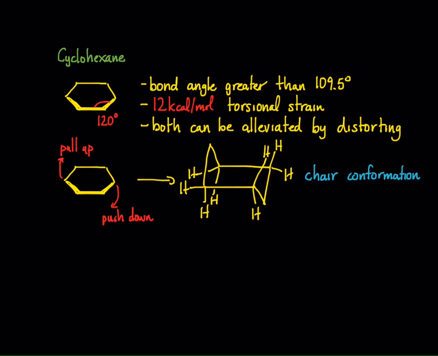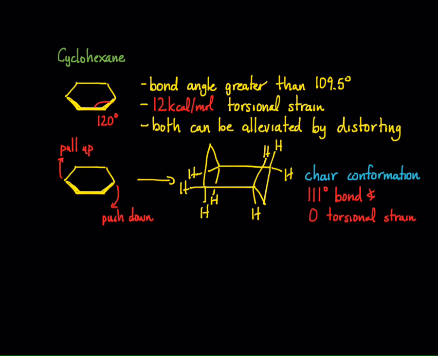Now, interestingly enough, if you think about the Newman projection of this, we're going to see what that looks like. Because again, your model kits are great in terms of visualizing what this particular structure looks like. And what happens when you do that, the bond angles actually become 111 degrees. So you decrease that 120 degrees to 111, and there is no torsional strain.